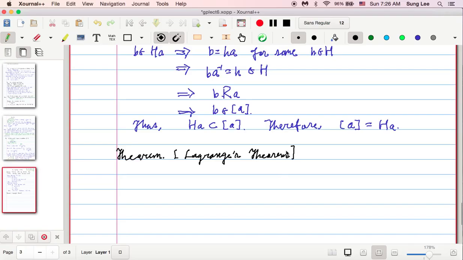This Lagrange's theorem is named after the great French Italian mathematician, physicist, and also astronomer.